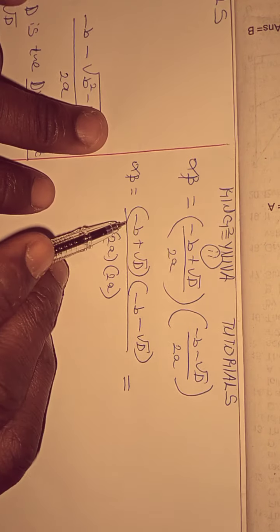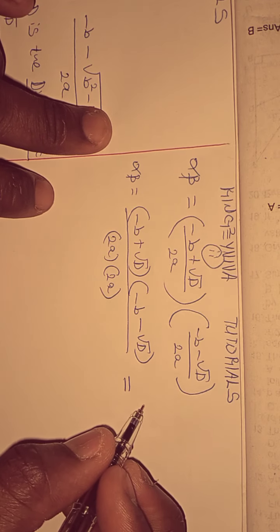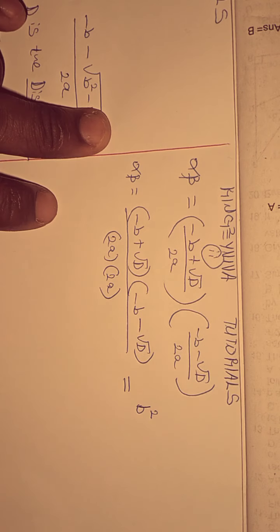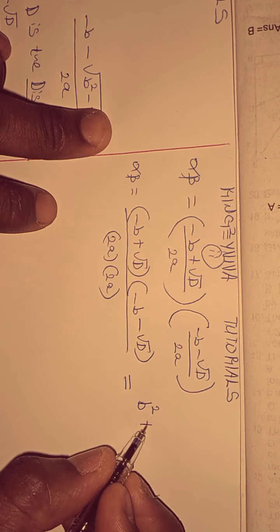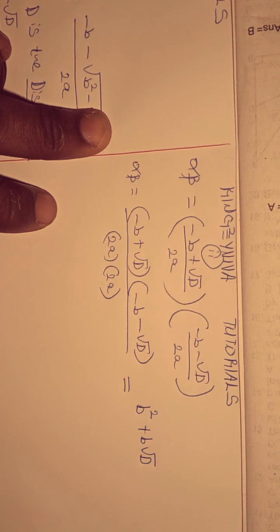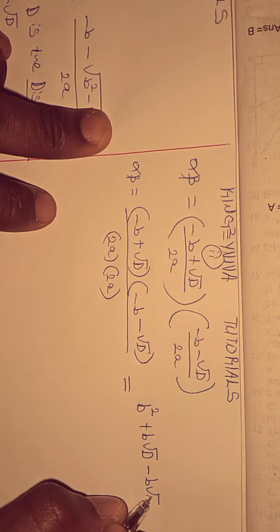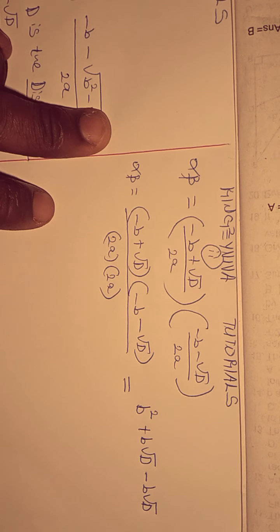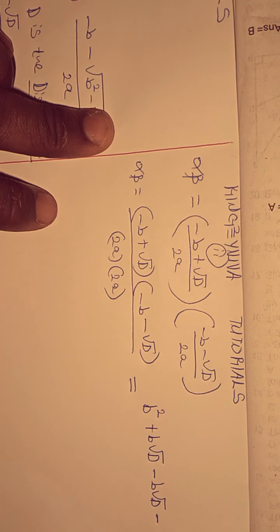This will give us minus b times minus b is b square, and then minus b times minus root d is plus b root d, and then root d times minus b is minus b root d, and then root d times minus root d will be minus minus d.